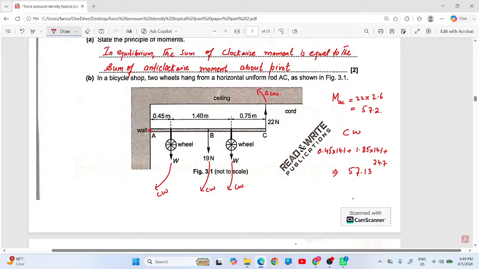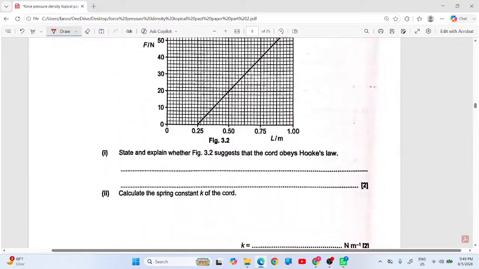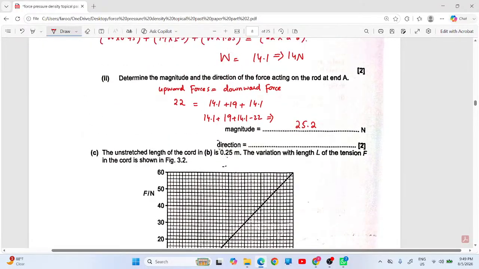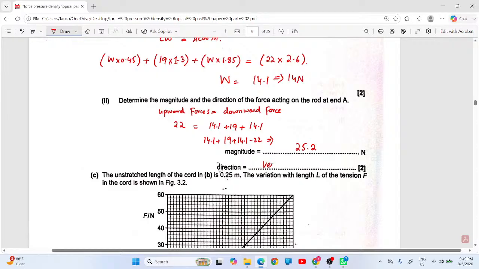So, that was exact. Actually this was exactly 2.6. Check it. 0.45, 1.4, 0.76, I think. Yes, 0.75. So if we look exactly, the anti-clockwise moment is greater than the clockwise moment, so the net force is in the upward direction, vertically upward, because the anti-clockwise moment is greater than the clockwise moment in my case.